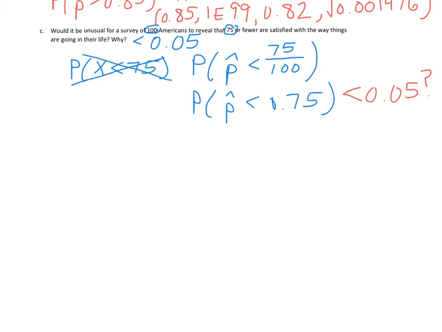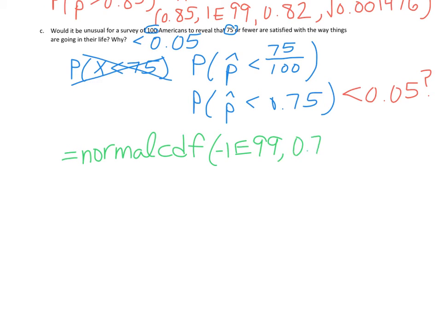Let's take out our normal CDF. Less than means we're starting at negative infinity and ending at 0.75. And we have the same mean and the same standard deviation on the next line.